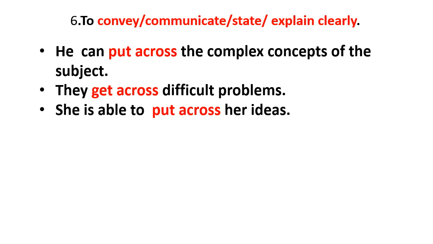That means he can explain the complex concepts of the subject clearly. They get across the difficult problems. That means they explain clearly the difficult problems. He is able to put across her ideas. That means he is able to express her ideas clearly.